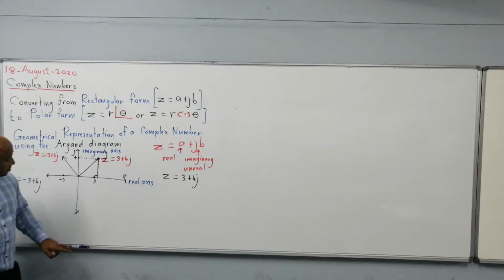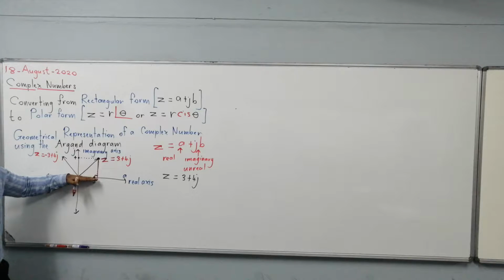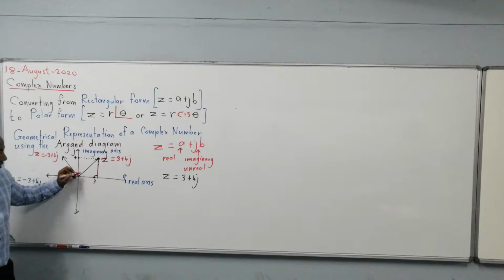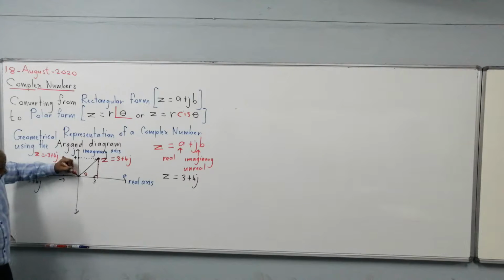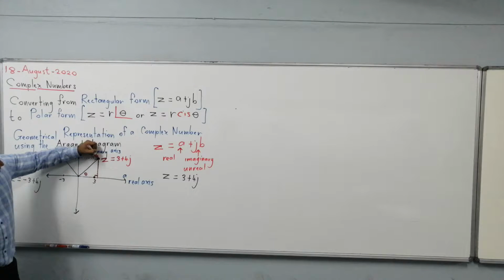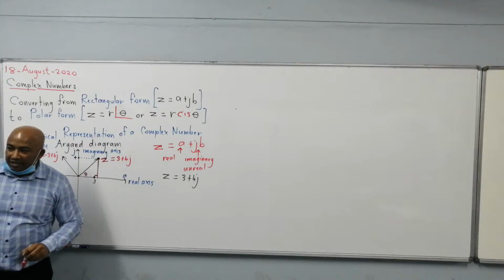From the positive x-axis to this point here, there's actually an angle. Also, from the origin to this point 3, 4, which part of the right angle triangle is that?